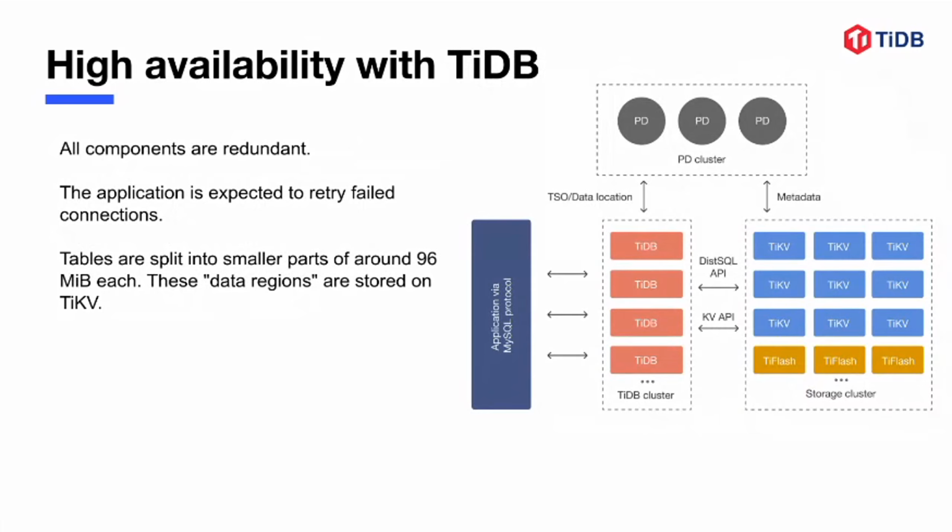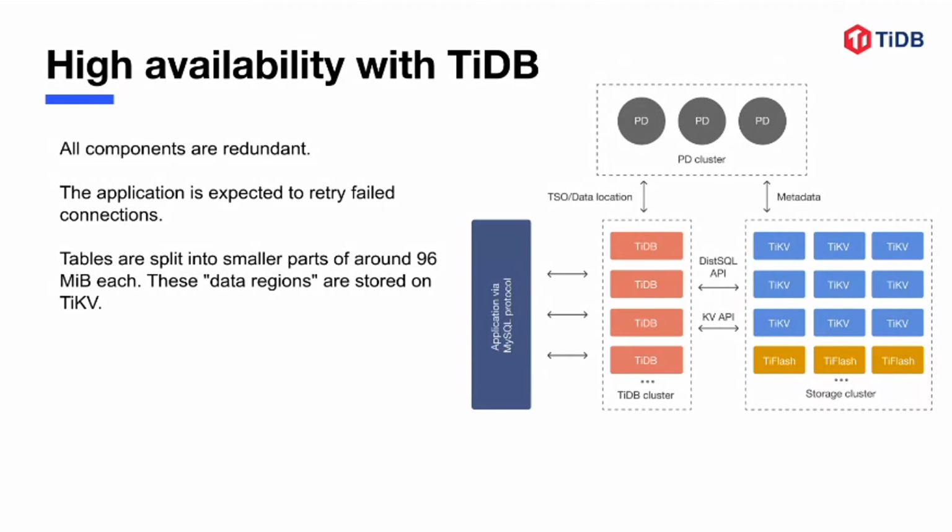So in TiDB, high availability is the default. It's built in, and this is because all components are redundant, and the application is expected to retry failed connections, but it can always retry a connection to the same set of machines. The tables are split into smaller parts of around 96 megabytes.